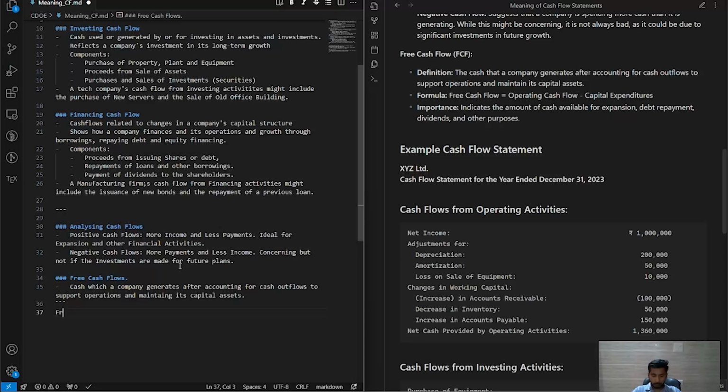Free cash flow is equal to operating cash flow minus capital expenditure.